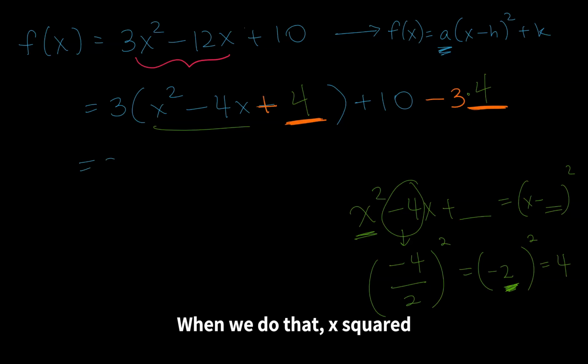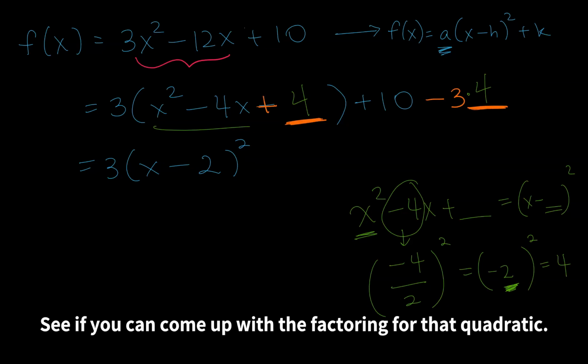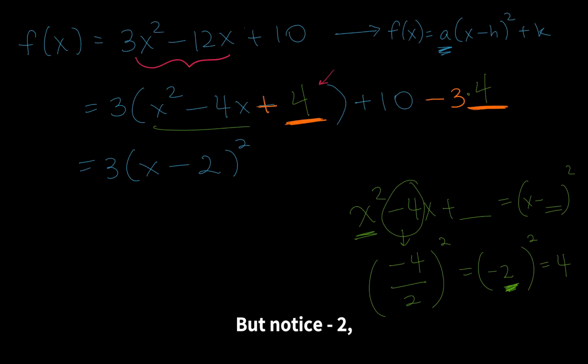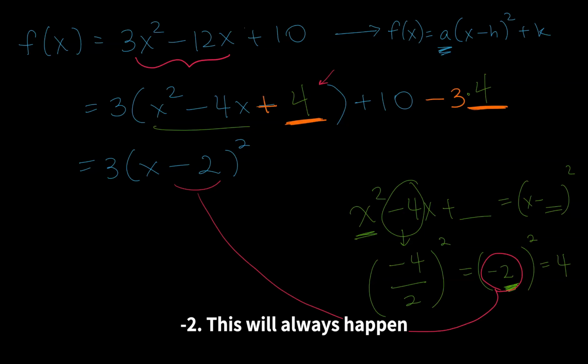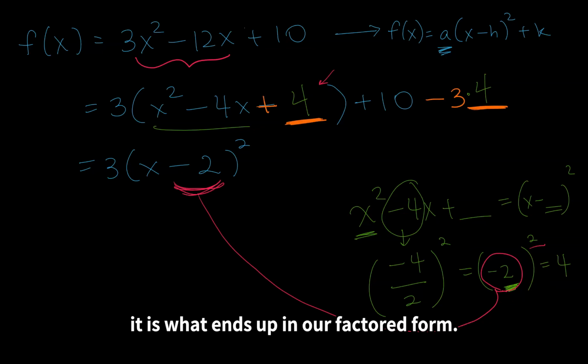When we do that, x squared minus 4x plus 4 factors as x minus 2 squared. Think about it for a second as far as the factoring goes. See if you can come up with the factoring for that quadratic. But notice, minus 2, minus 2. This will always happen when you're completing the square. The number that you get before you square it is what ends up in our factored form.